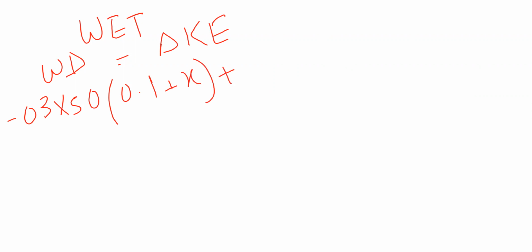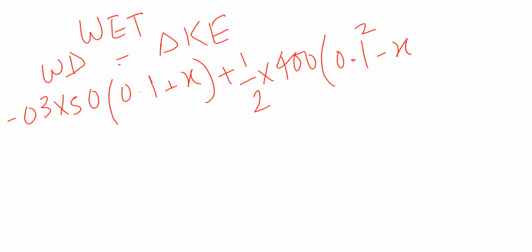Here the work done, due to the frictional force, will be negative, minus 0.3 times 50, that is the value of N, multiplied by the displacement, that is 0.1 plus x, plus next will be the strain energy, half times k, that is 400, times x1 squared, that is 0.1 squared, minus x2 squared. And that will be equal to the change in the kinetic energy of the body, which is 0, final minus initial equal to 0.